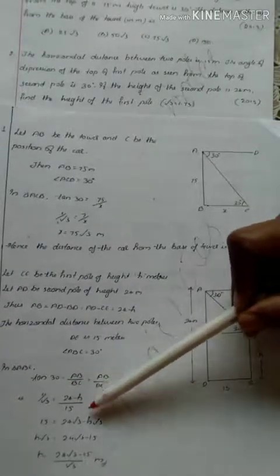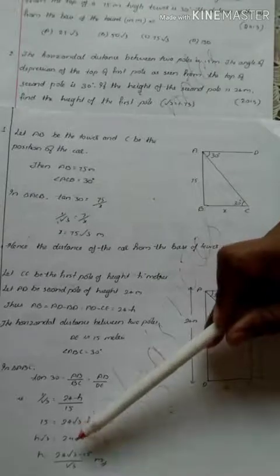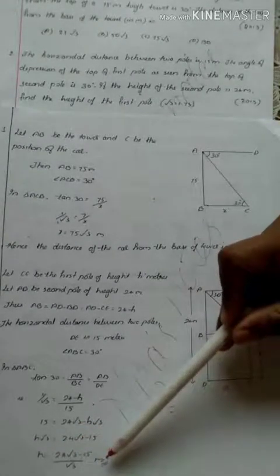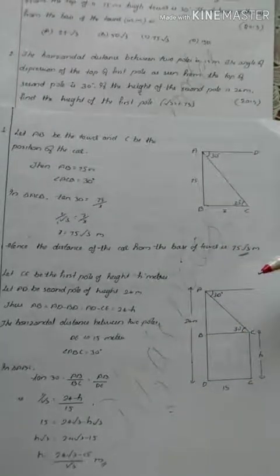You will substitute the values and finally you will get the value of h, which is (24 root 3 minus 15) by root 3 meter. Here also it's not necessary to calculate all the values of root 3 and waste your time. This may come as a 3 marks or 4 marks question. So just write root 3 as root 3, simplify the answer and write it.